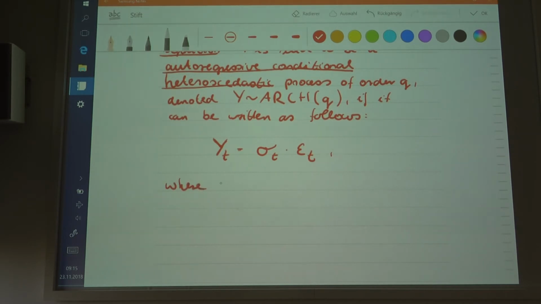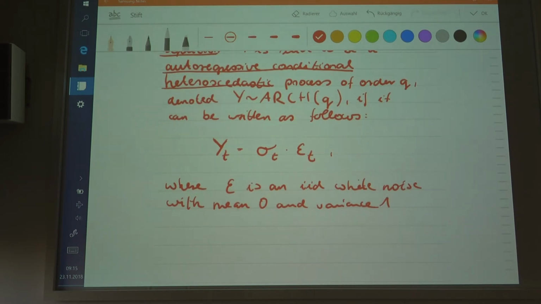So basically, epsilon is a white noise, an IID white noise with mean 0 and variance 1.